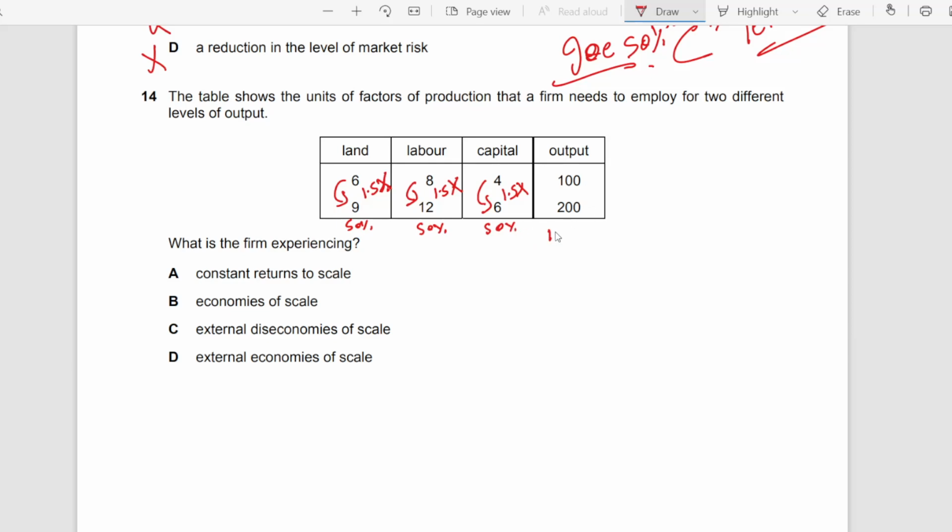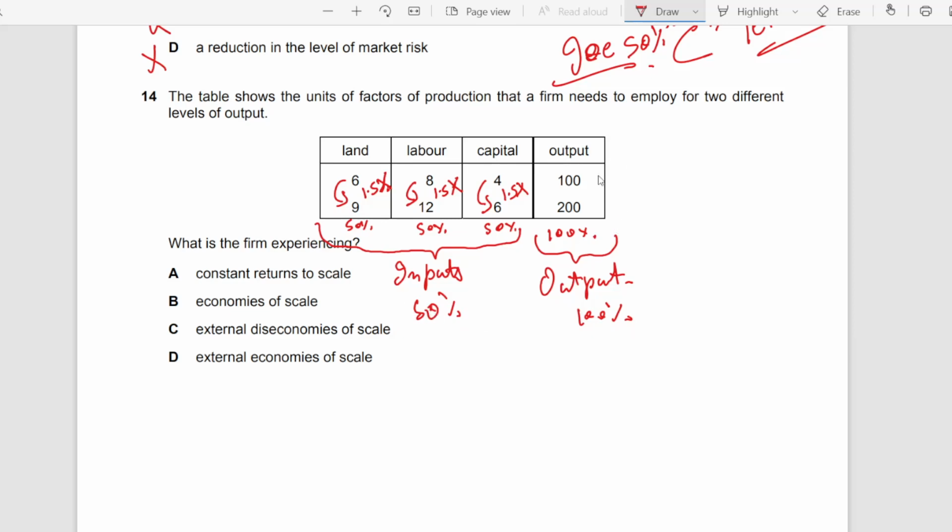But in output, because all these are your inputs, your output increases by 100%. So inputs increase by 50% and output increases by 100%.